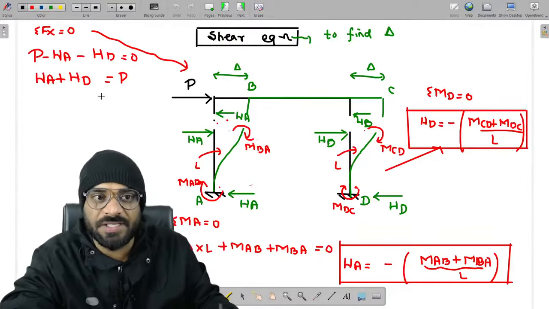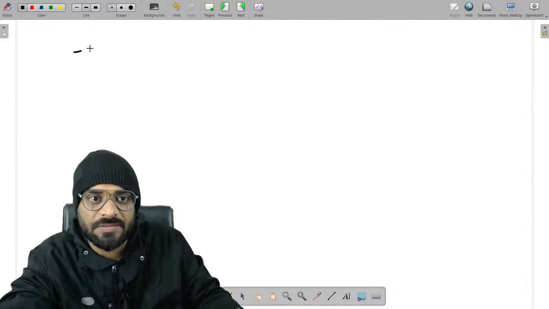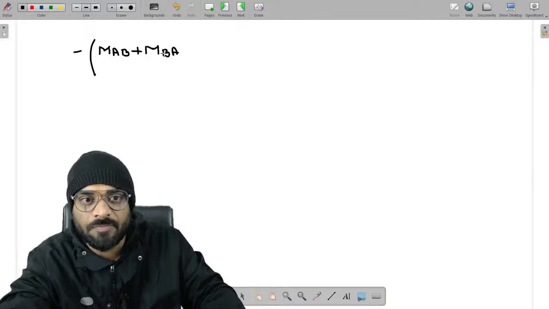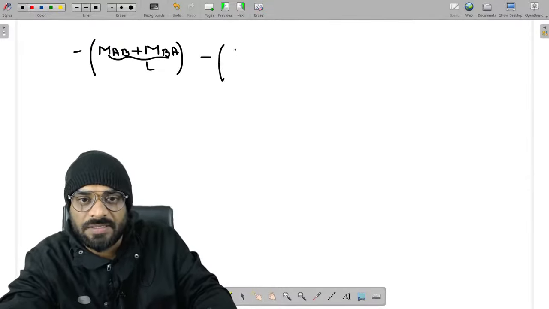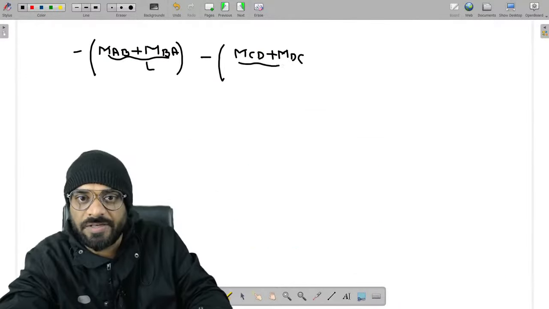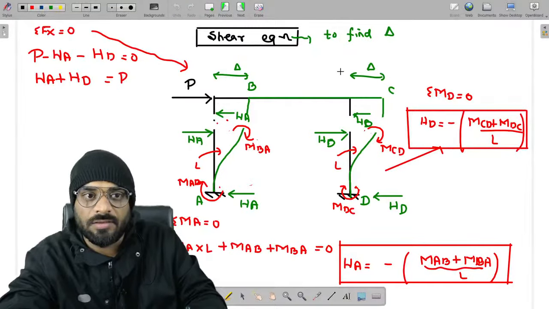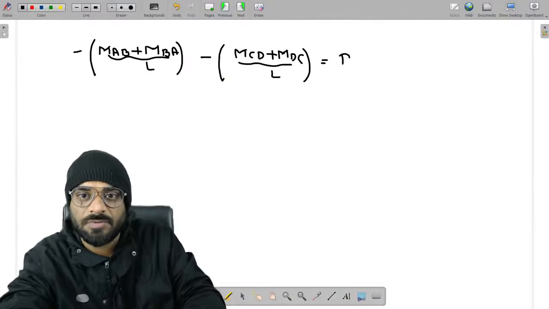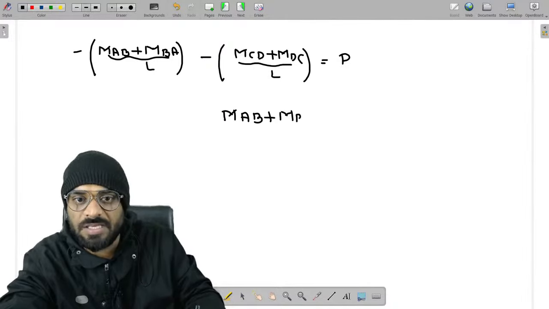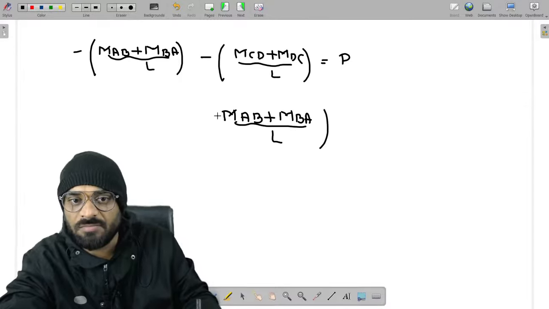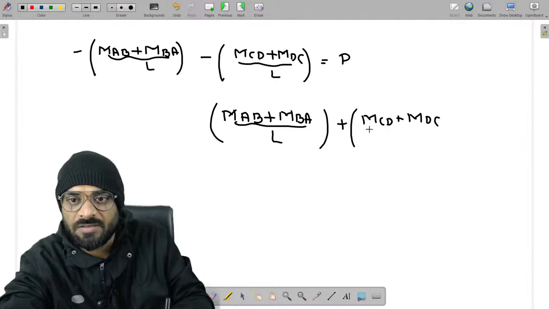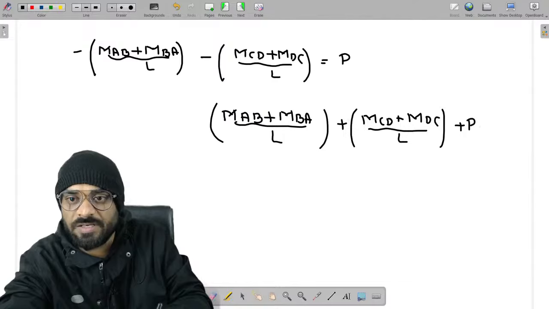Now guys, for HA and HD we'll write here minus of MAB plus MBA divided by L, minus of MCD plus MDC divided by L, is equal to P. So our shear equation will be (MAB plus MBA) divided by L plus (MCD plus MDC) divided by L plus P, and it should be equal to 0.